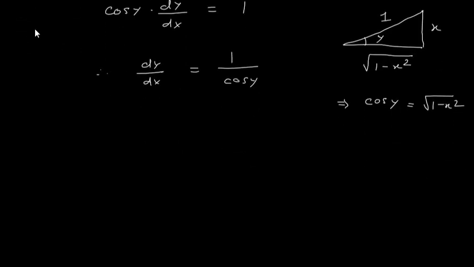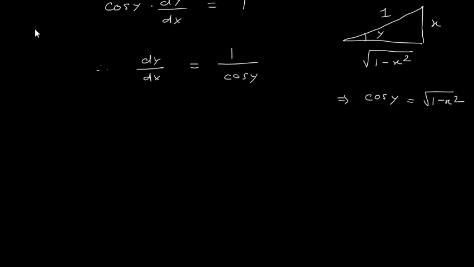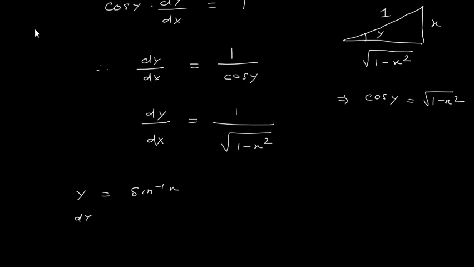So by this you can say that dy upon dx is equal to 1 upon root of 1 minus x square. So here I say that if y is equal to sine inverse x, then dy upon dx is equal to 1 upon root of 1 minus x square.